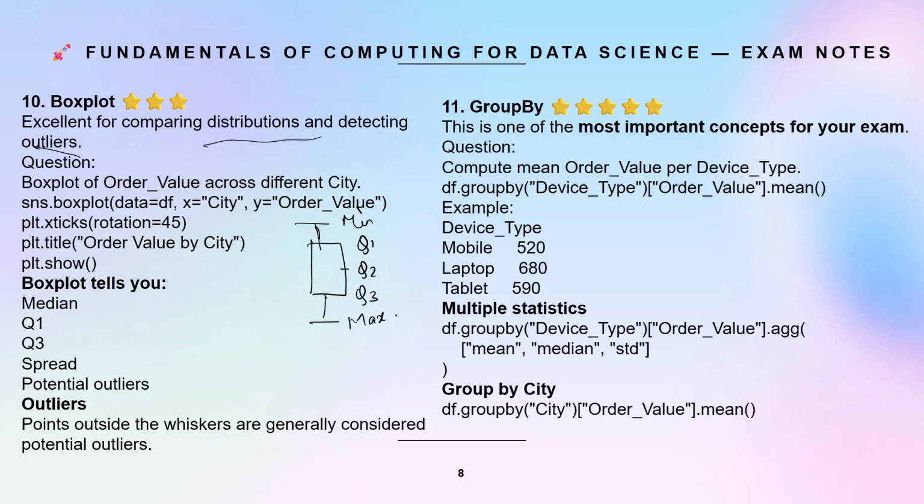After minimum, this is 25%, this is 50%, this is 75%. And IQR is basically your Q3 minus Q1.